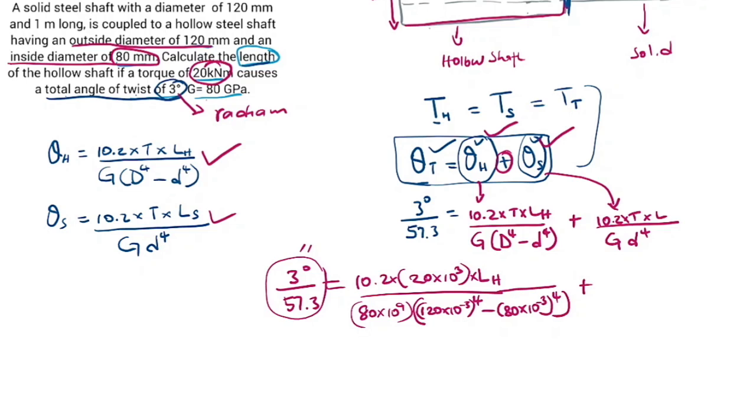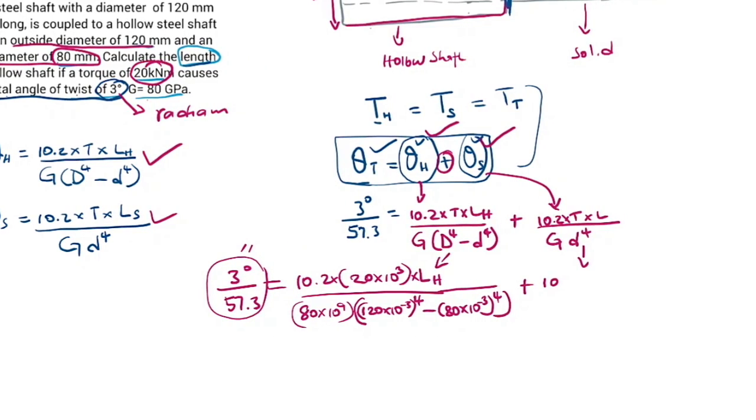Then we proceed, plus, come this side. It is 10.2 times 20 times 10 to exponent 3. That is the torque. The length, it's 1 here. Divide by modulus of rigidity, 80 times 10 to exponent 9. Then the diameter, 80 times 10 to exponent negative 3, to the power 4.